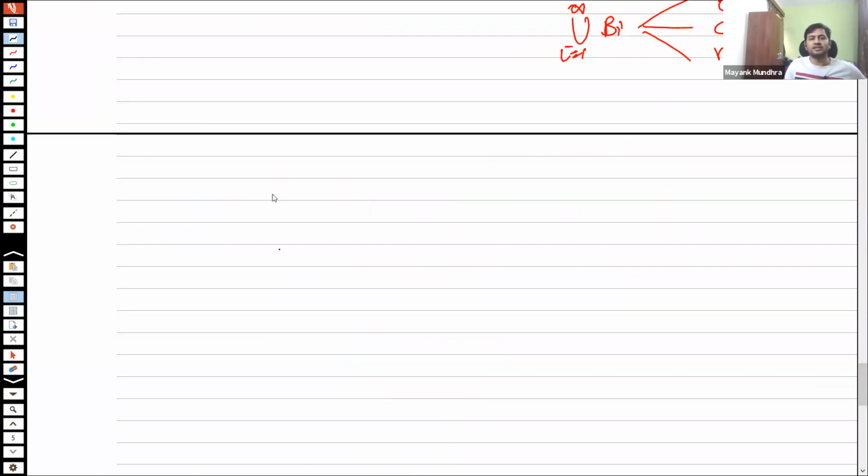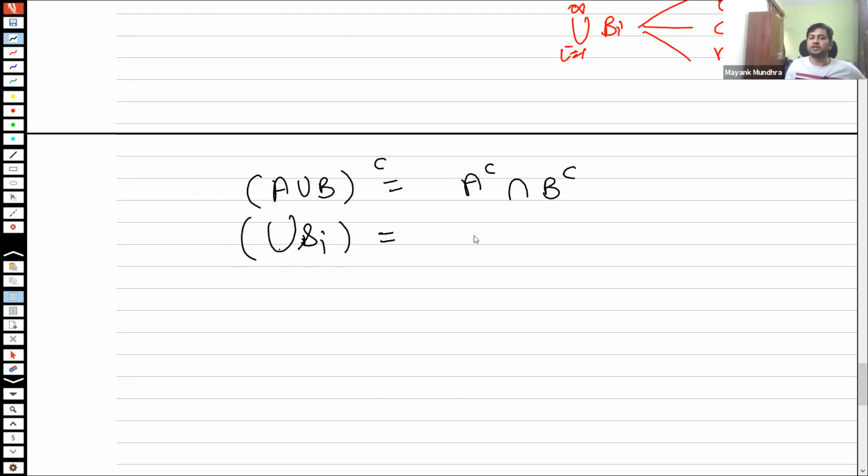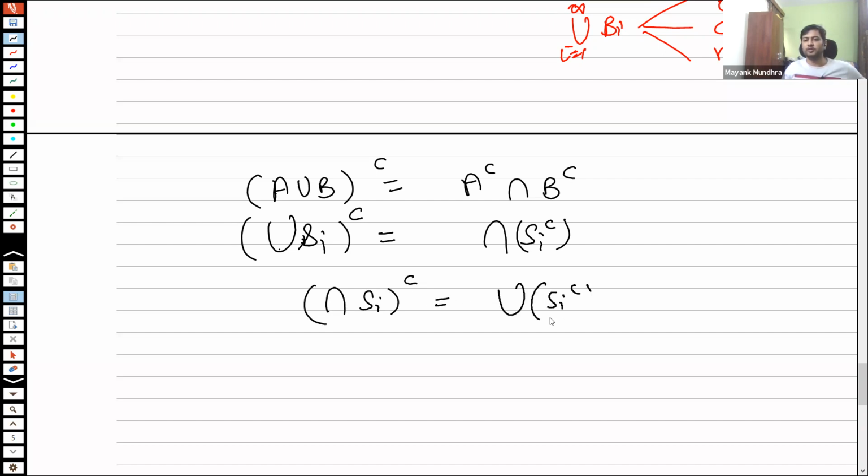So it says that the complement of A union B is equal to A complement intersection B complement. And the complement of the union of some sets Si is the intersection of the Si complements. And the reverse also holds, by the way. The complement of the intersection of the Si is going to be the union of the Si complements.